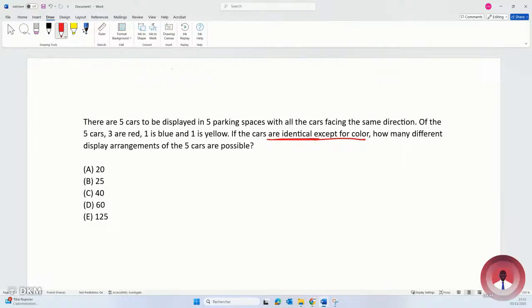So if the cars were not identical, this would be straightforward.